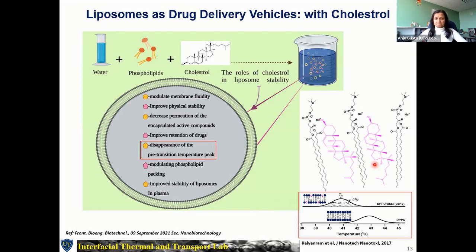However, some literature also demonstrates that it decreases the permeation because now it's causing an obstacle in the fluidity. So in this paper, we created formulations with varying ratios of DPPC and cholesterol. And so some of this is true, because if you add a lot more cholesterol, then you are actually adding to the rigidity and the melting peak shifts to the right.